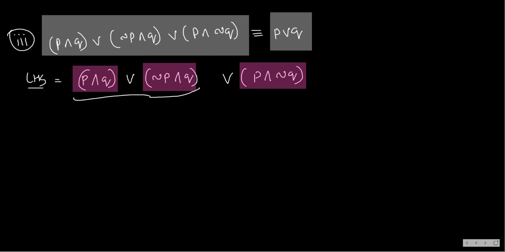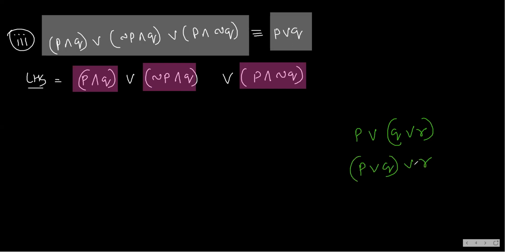Let me write these two in a bracket, because between them I have disjunction, and here it is also disjunction. The law we are using is P or Q or R is the same as P or Q or R grouped the other way. It is this way.